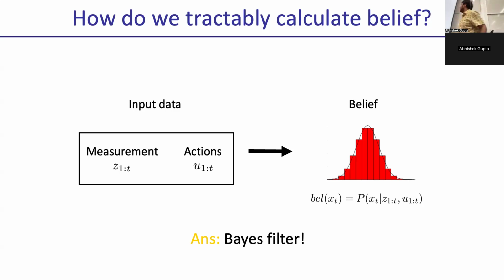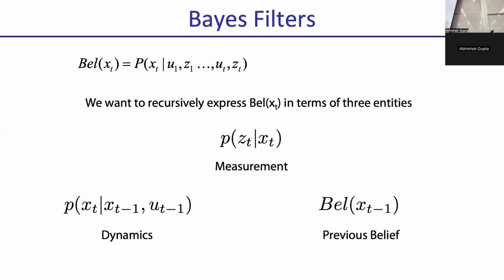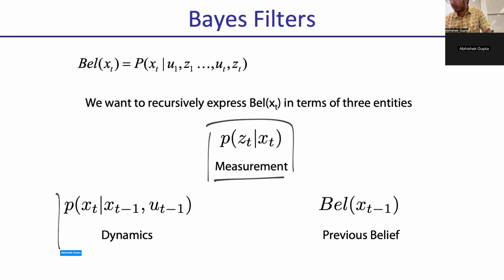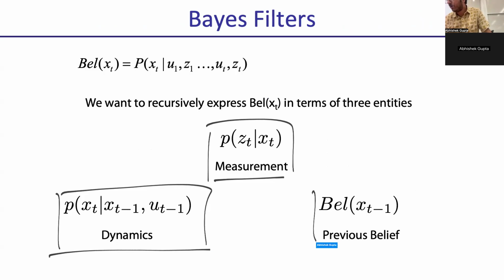All right. So the purpose of the derivation of Bayesian filtering is going to be to try and express our belief P of xt given u1 to t, z1 to t in terms of three quantities: the measurement model, the dynamics model, and the previous belief. So we want to express this kind of recursive update.